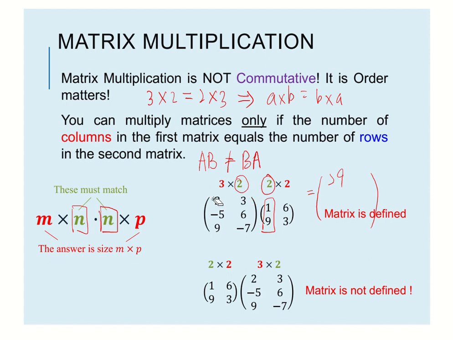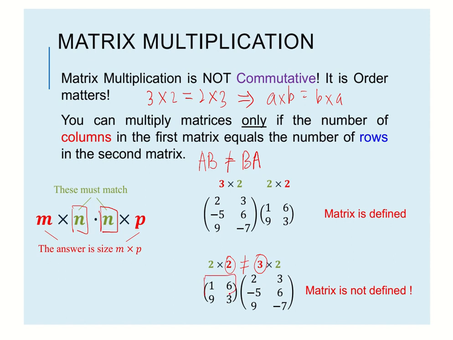All right, now take a look at the example below. For the second example here, we cannot perform the multiplication. The reason is that the first matrix here is 2 by 2. There are 2 columns, but for the second matrix, there are 3 rows. So these two numbers are not matched. Therefore, we cannot perform the multiplication.